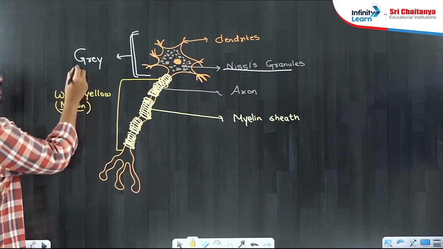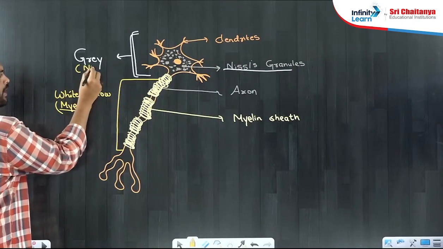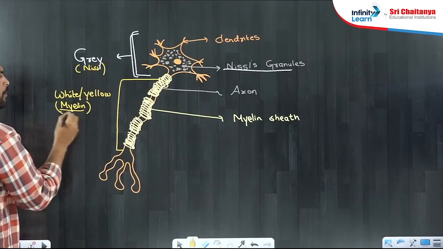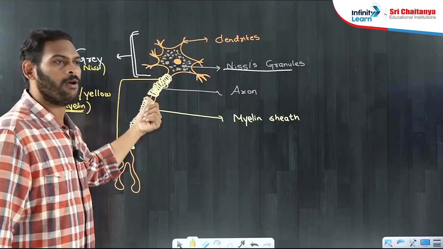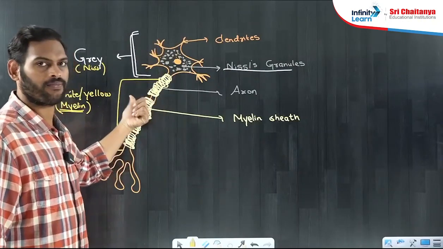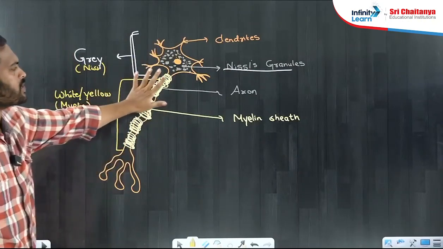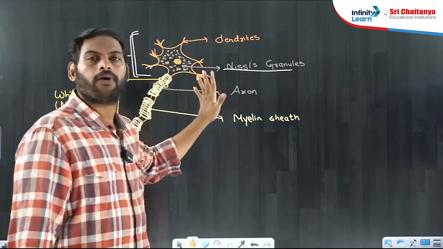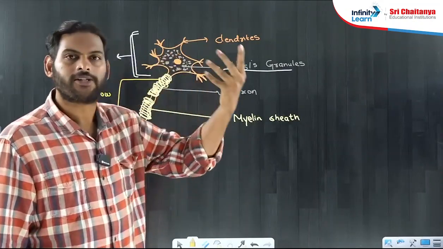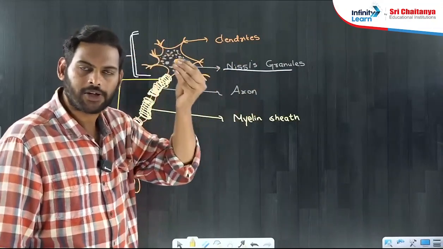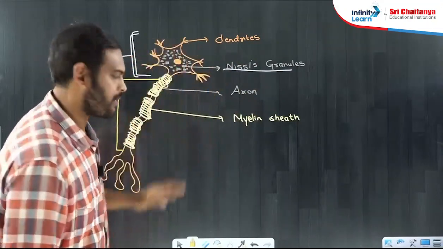Grayness is due to Nissl granules and yellowishness is because of myelin sheath. So gray part of neuron, yellow part of neuron. Done. These are the cells which are mainly responsible for receiving stimulus, sending responses, memory storage, thinking, analysis.